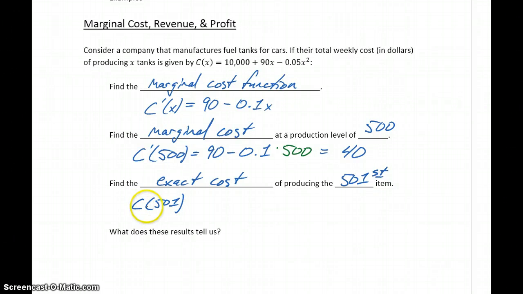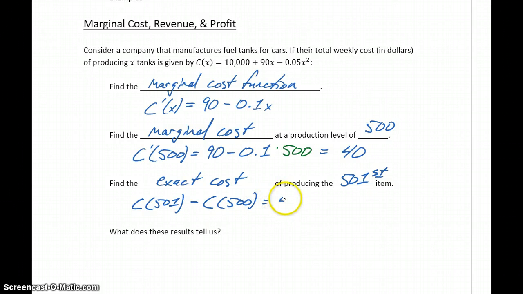So what we'll do is take the cost function evaluated at 501, and we'll subtract out the cost function evaluated at 500. So this will be the cost of producing 501 items minus the cost of producing the first 500 items. So all we're left over with then is just the cost of producing that 501st item.